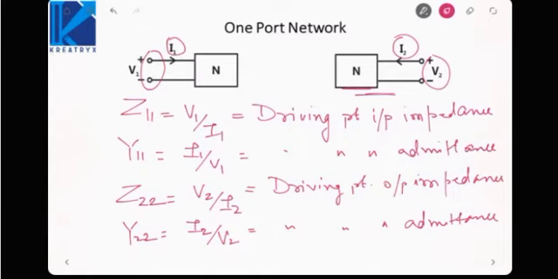The driving point impedance and admittance relate only the one-sided parameters, that is voltage and current on one side or the voltage and current on the other side. They do not interrelate the parameters on both sides of the network, but both-sided parameters can only be defined for the two-port network, because you at least need two ports to define the transfer parameters.